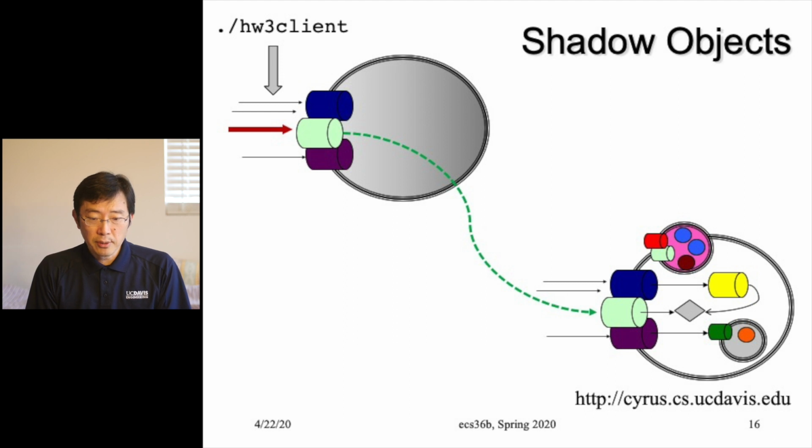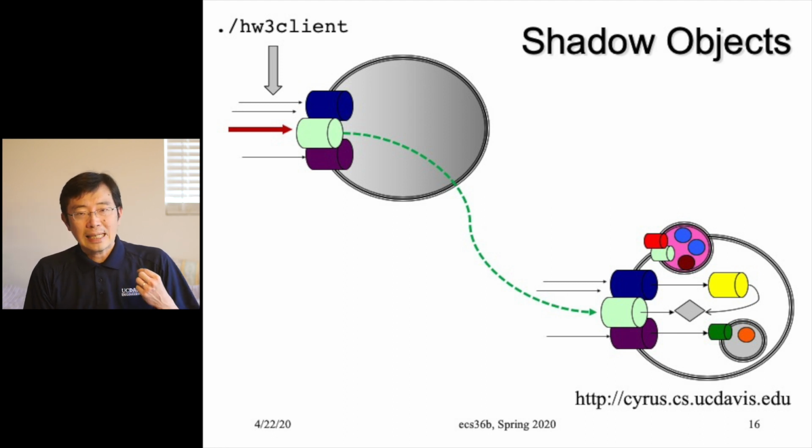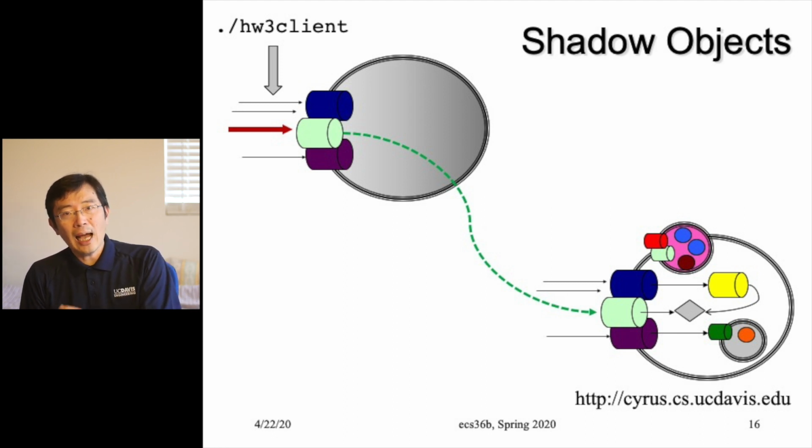You run your HW3 client, and it's a shadow. When you do get distance, it gets relayed to the server, and the server has a real object. In fact, the server just connects to an object instance that matches that object ID and class ID on that URL.